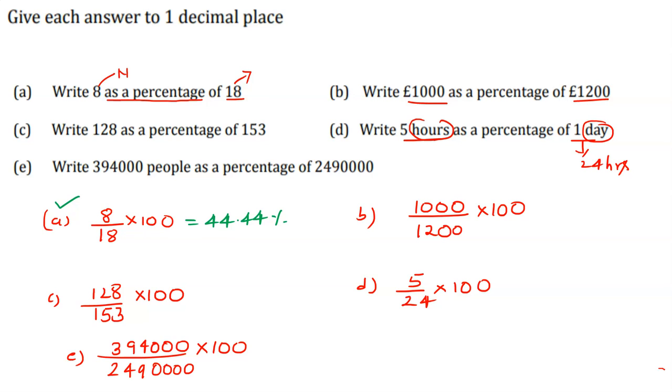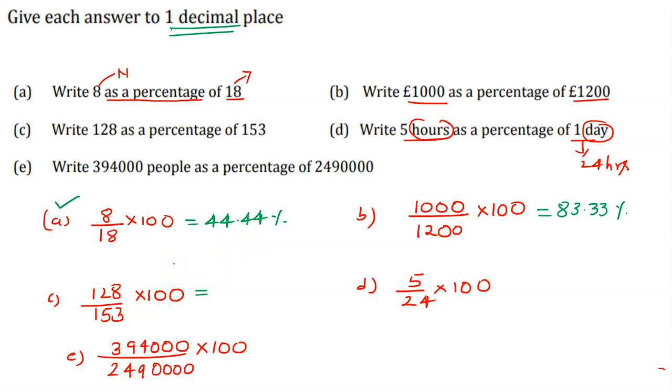So what should your answer be? It should be 83.33%. You can go for 2 decimal places or 1 decimal place, it's up to you. Here we have already mentioned 1 decimal place, so you can go for 1 decimal place, but I'm writing 2 decimal places now.